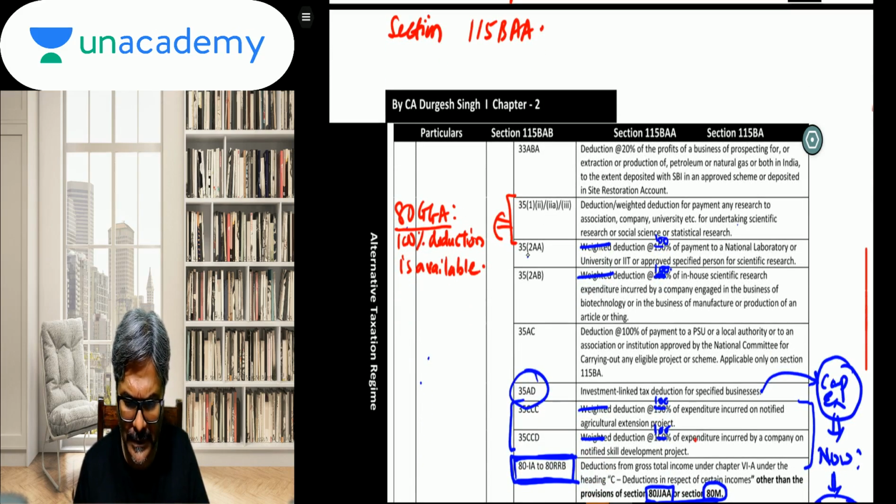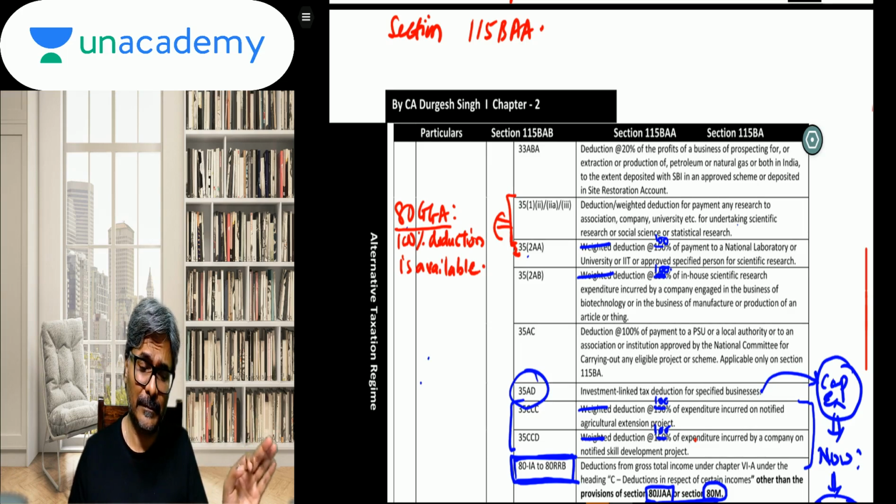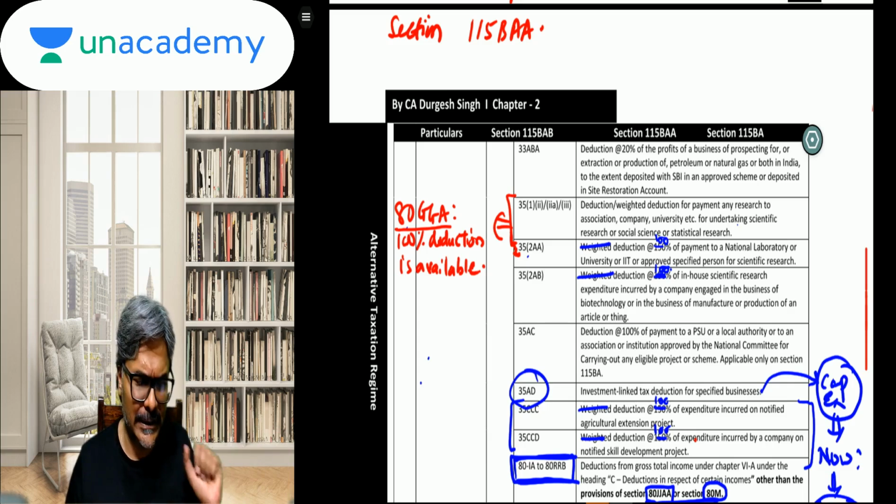Now if you see 35(2AA), students, the weighted deduction is removed. Now deduction at 100% of the payment is allowed. So even though it is getting disallowed under PGBP, the net effect remains the same because anyway it will be allowed to you under 80GGA.